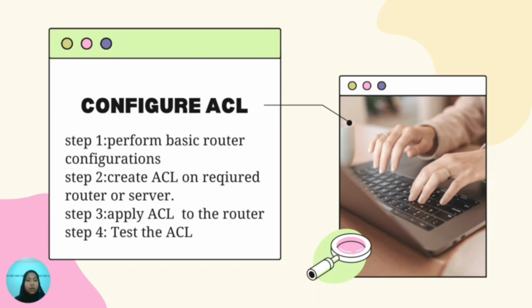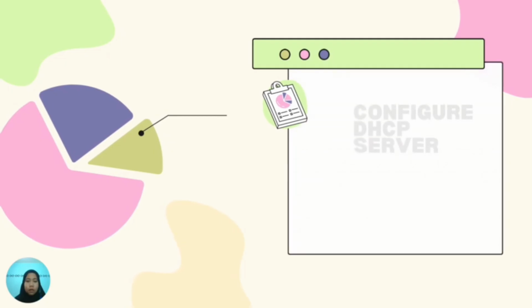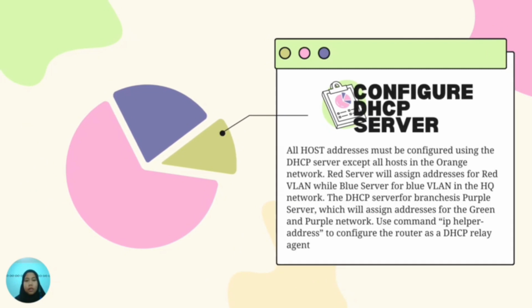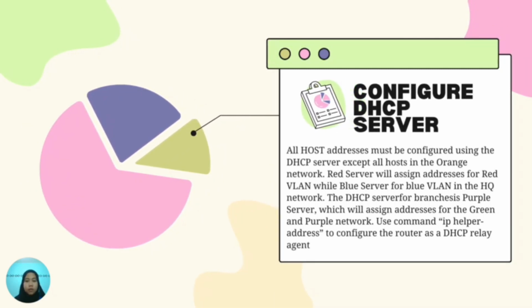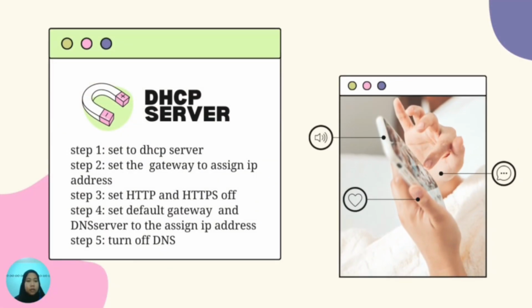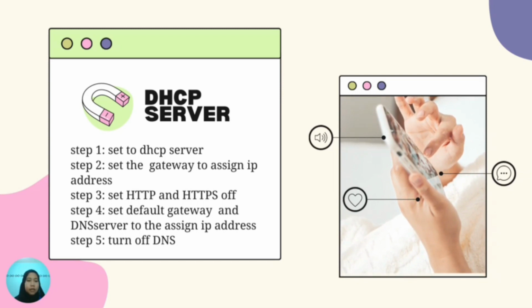Next, we're going to configure the DHCP server. For this server, we need to first set the DHCP server, then set the gateway to assign the IP address.